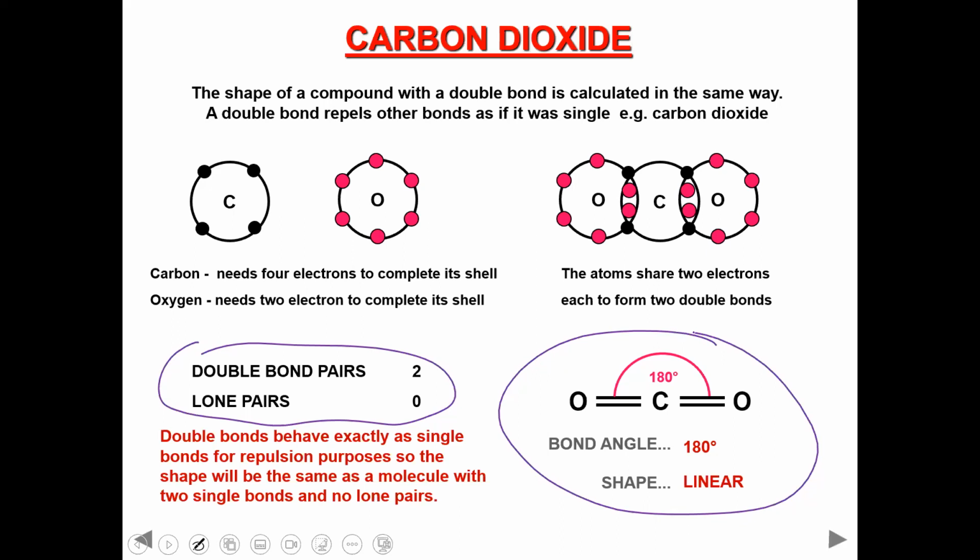If there's 2 double bond pairs, it's called linear, basically, right? There are 2 shared pairs in both sides, but there is no lone pair. Look, this one.